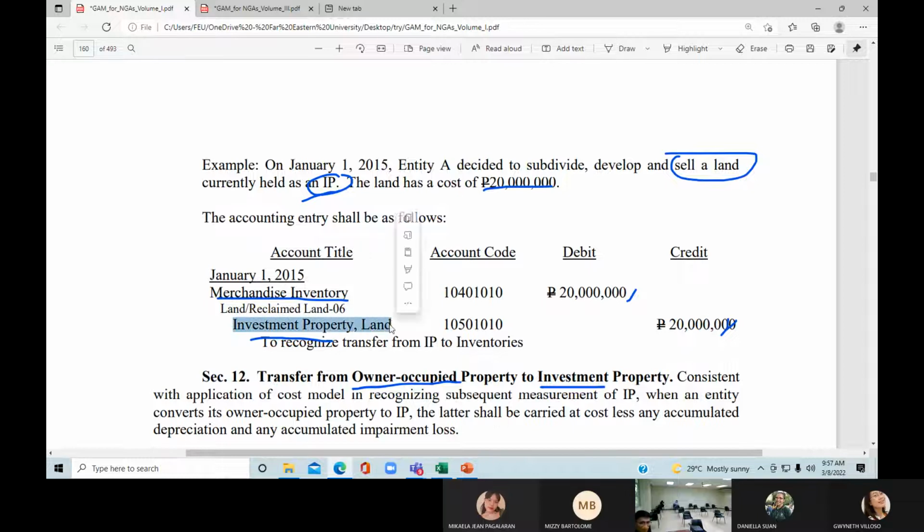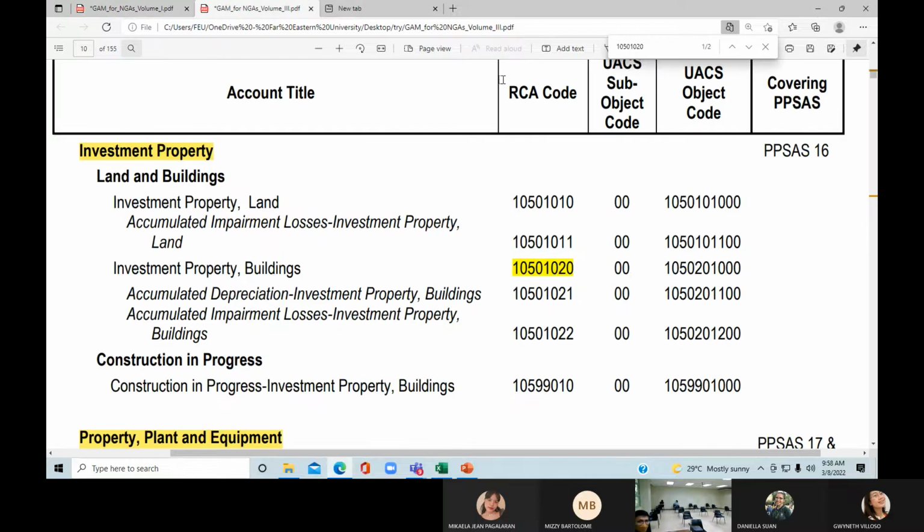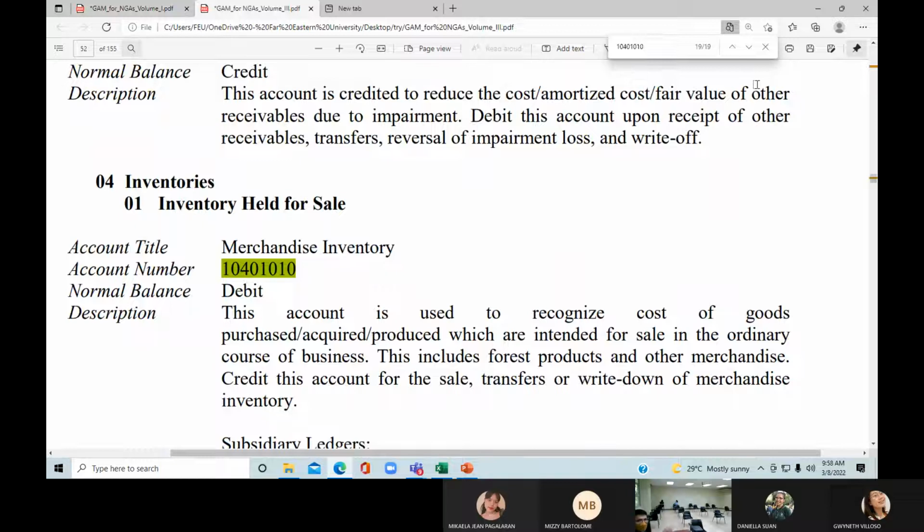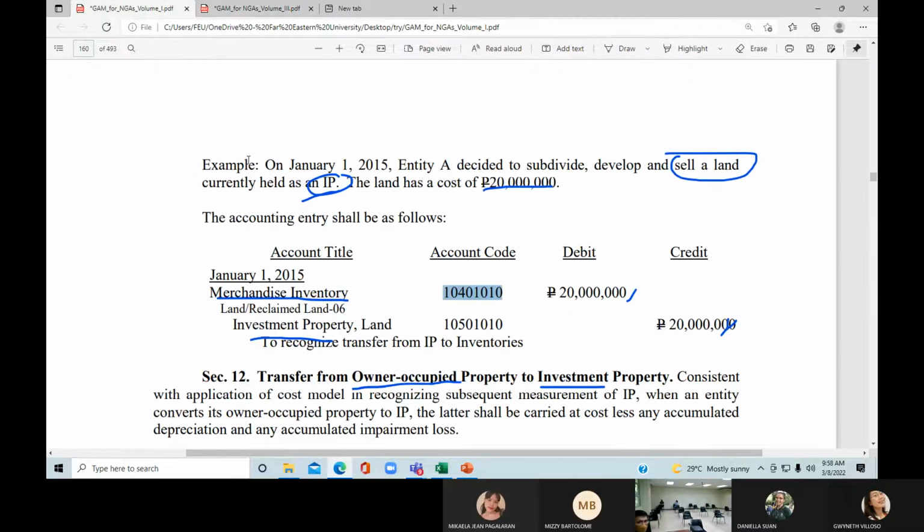Credit mo yung investment property land, debit mo yung merchandise inventory. Okay? Ganun lang kasimple. Kuhanin mo account code na. Ayan. Inventory held for sale. This account is used to recognize cost of goods purchased, acquired, or produced which are intended for sale in the ordinary course of business. So since held for sale na nga yung land na yan, nasa merchandise inventory account na siya.